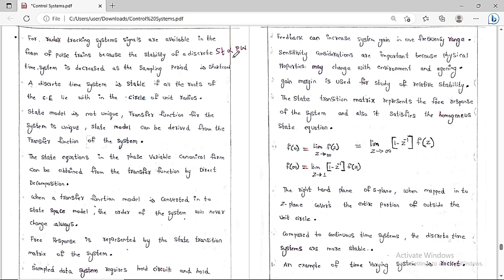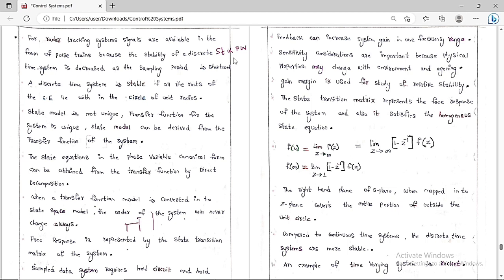The next point is that a sampled data system requires a hold circuit, and the hold circuit converts the signal into analog form. I've already told you the meaning of a sampled data system. Suppose the input is a discrete signal like this and I give this signal to the sampled data system, then the output we get is like this.